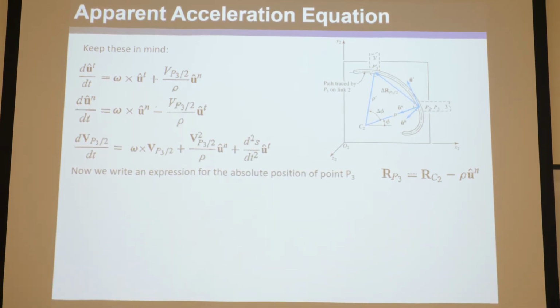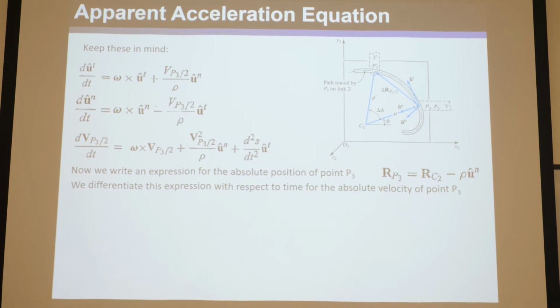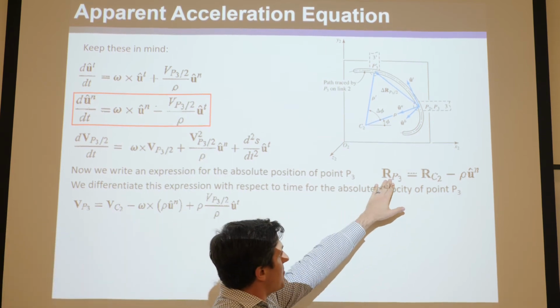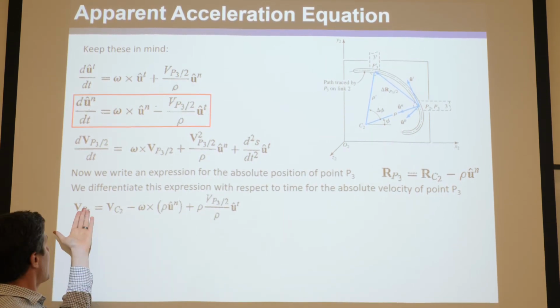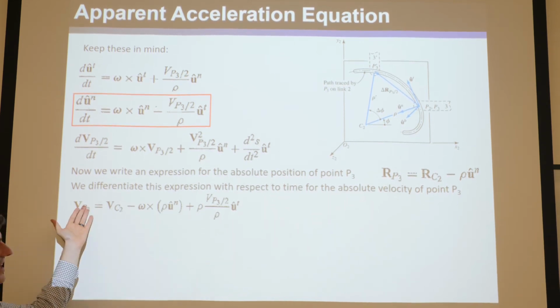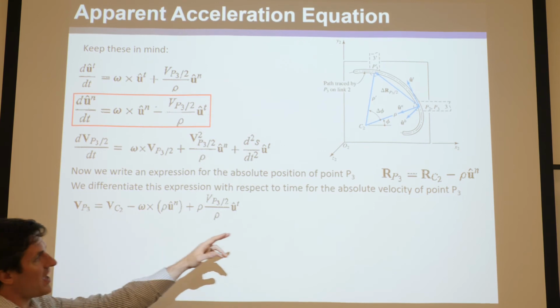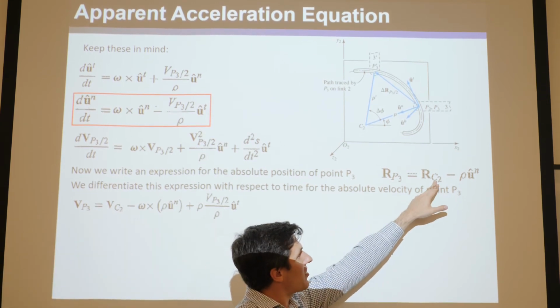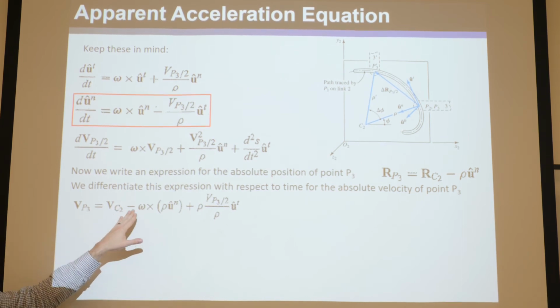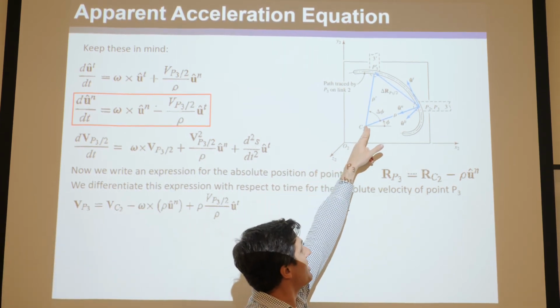Now, if we take the derivative of that with respect to time, we'd imagine we get the velocity of P3. Okay, so if you take the derivative of this with respect to time, you have VP3. That's what you're after. This is position stuff. This is now velocity land. And here we have, if we take the derivative of RC2 with respect to time, then we have the velocity of C2, so that's the velocity of this point there.